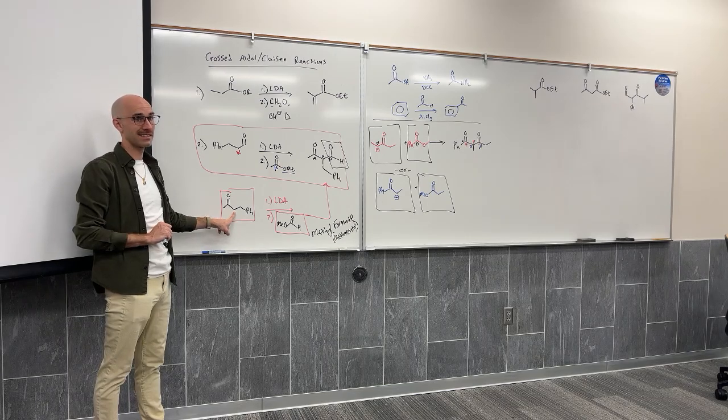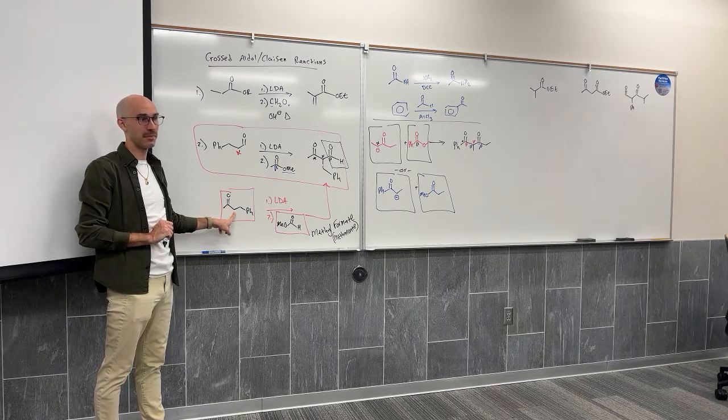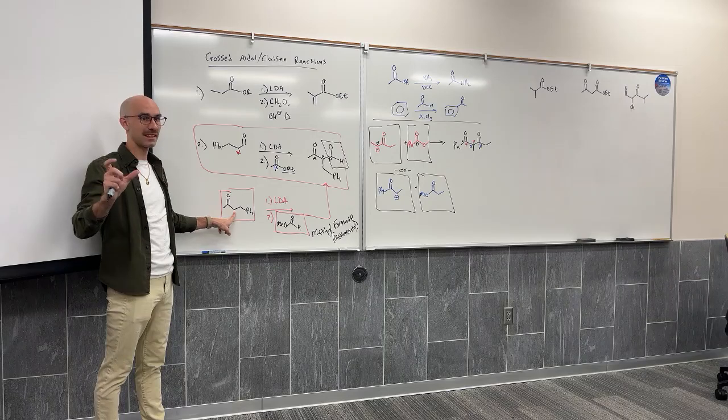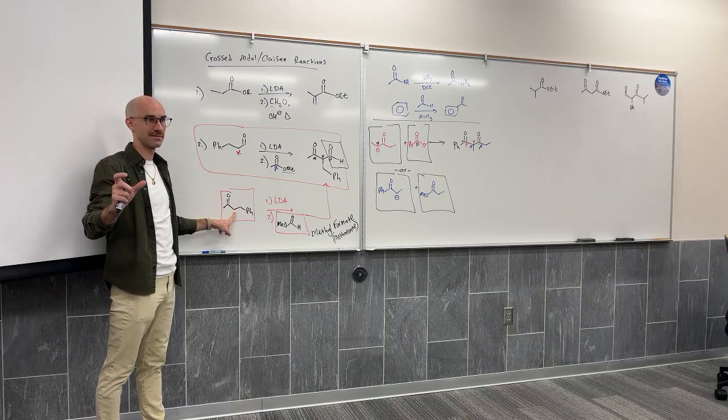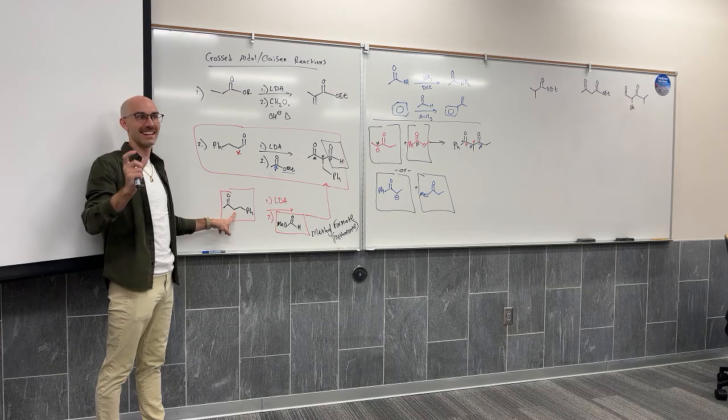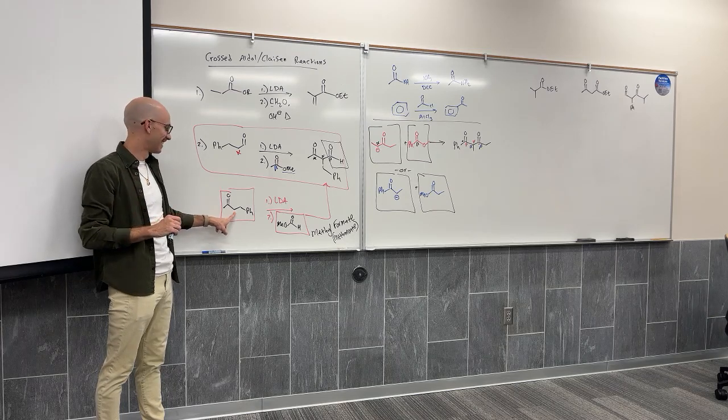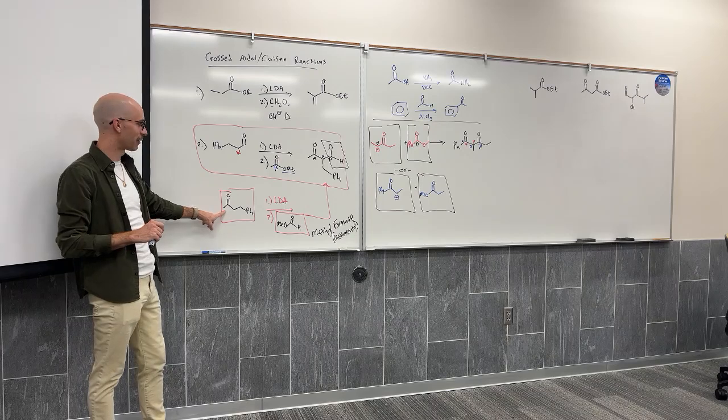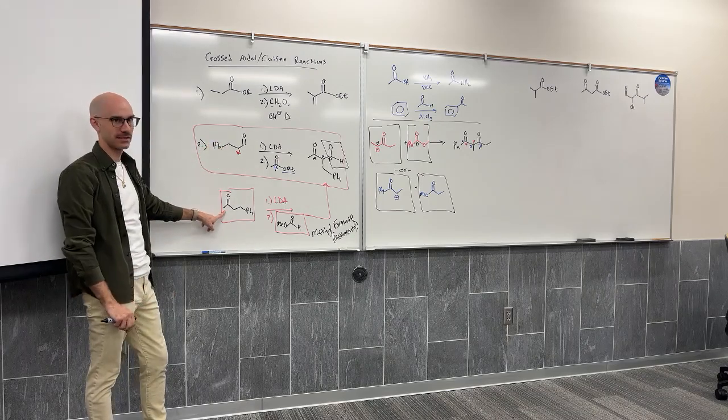But OH minus isn't a strong enough base to give us complete enolization. NaOH is OH minus. It isn't a strong enough base to give us complete enolization. So if I did LDA, I would get a structural isomer of all of this.